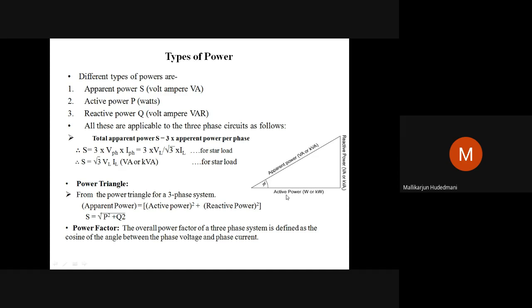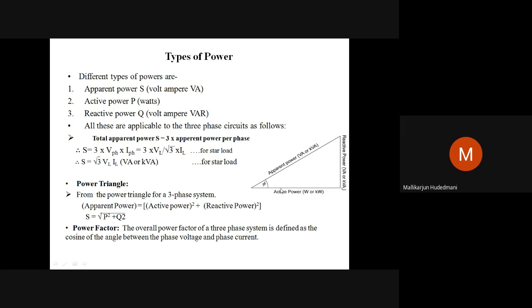Usually we call active power P and reactive power Q. If I write it here, the apparent power S can be given as the square root of P squared plus Q squared. Then what is the power factor? Power factor is the cosine of this angle. Cos is adjacent side divided by hypotenuse. It is nothing but P by S, the ratio of active power to apparent power.